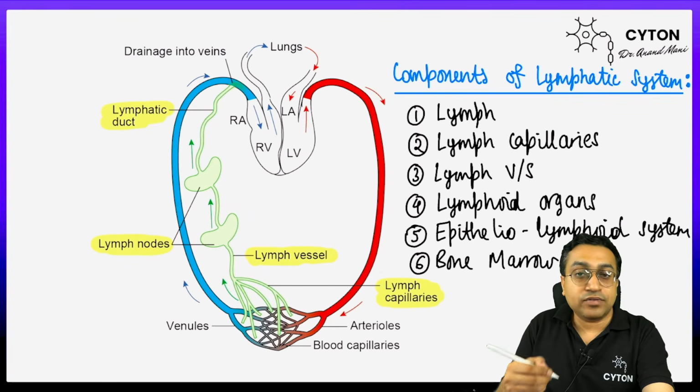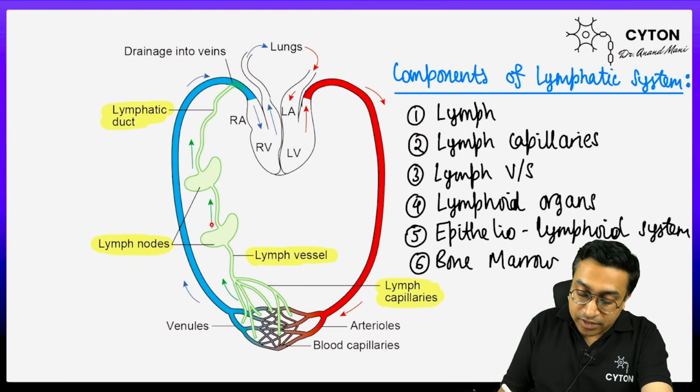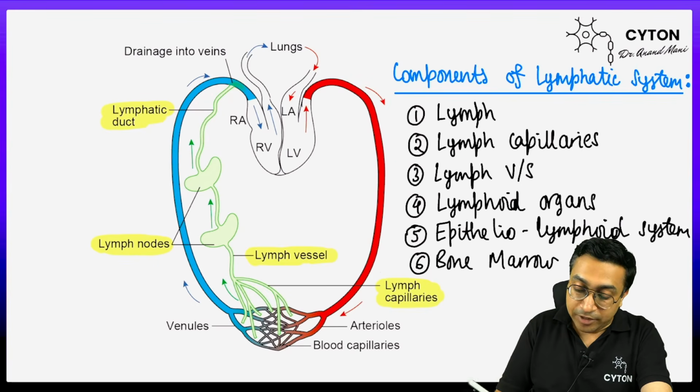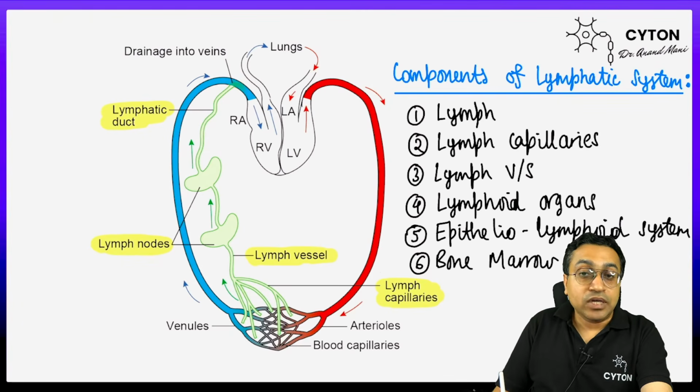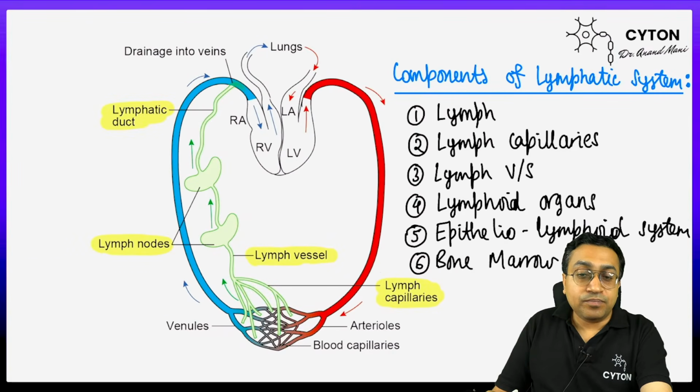You will study a lot about the lymph nodes and lymphatic drainage, and then the final drainage into another lymph node, and finally it goes into the lymphatic duct. We have one on the right side, one on the left side, we will discuss in a while. And then you can appreciate a very important point here: this lymph is also draining into the vein only. That is very, very important to understand regarding this lymph.